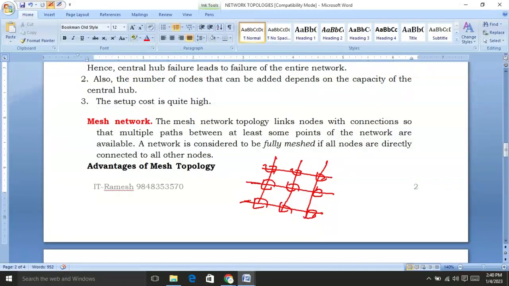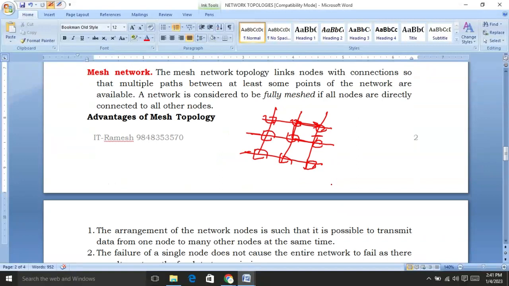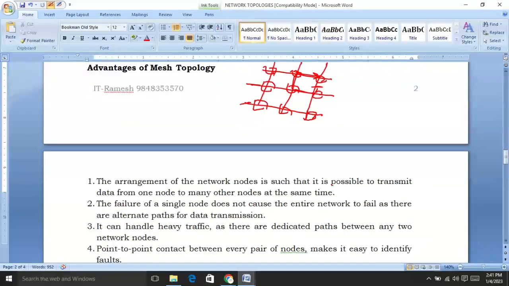Each and every node is interconnected with other nodes. So several alternative paths are available. Even if the network is disconnected between any two nodes, alternative paths are available to communicate to the particular node, right? So this is the fully meshed network.